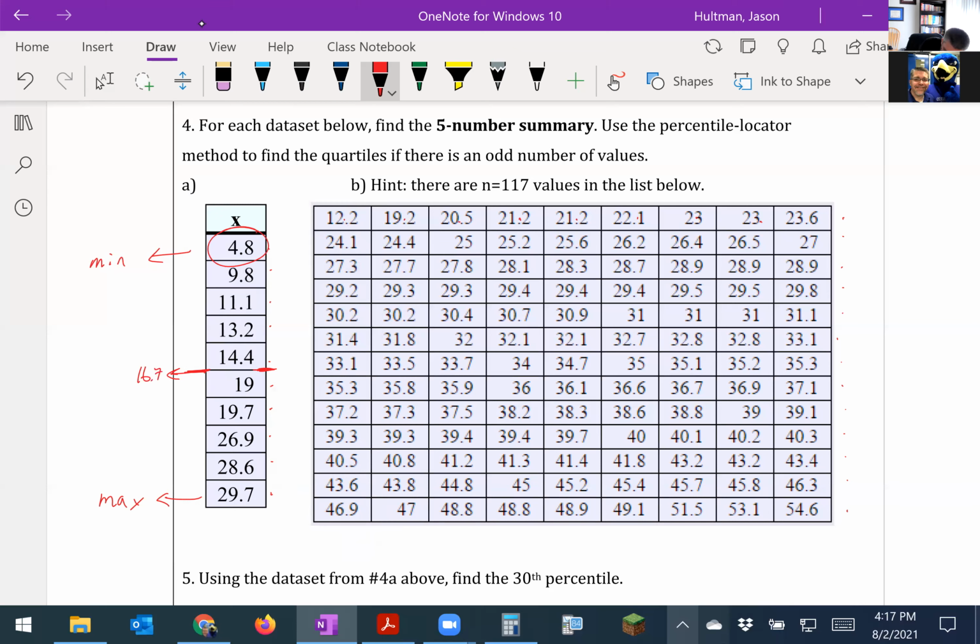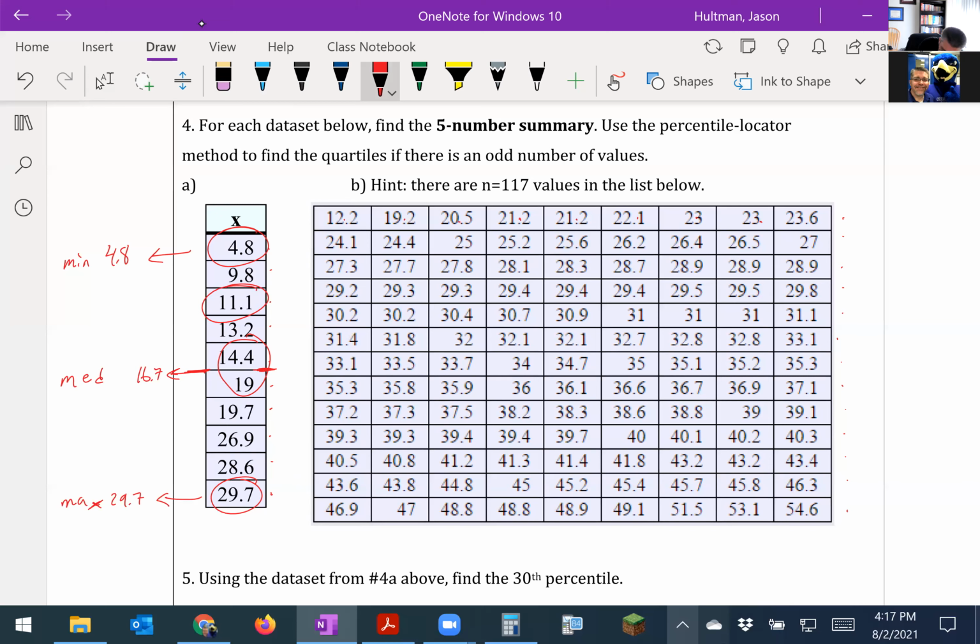Okay, so the minimum is this one, the maximum is that one. So the minimum is 4.8, I'll just write these numbers out. The median is 16.7, because it's the average of these two. The maximum is 29.7. Okay, so what's Q1? Well, Q1's pretty easy.